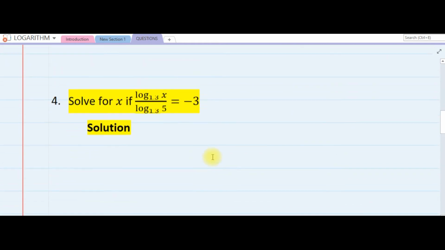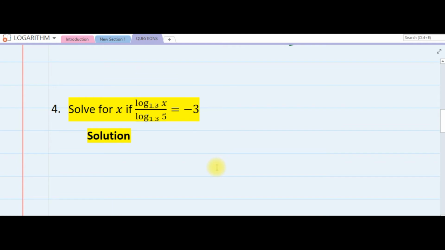So the fourth question, we are asked to solve for x if log x base 1.3 over log 5 base 1.3 equals minus 3. What we notice here is they have the same base. So we need to use the change of base law. So I'm saying that this could be written as log 5 of x.